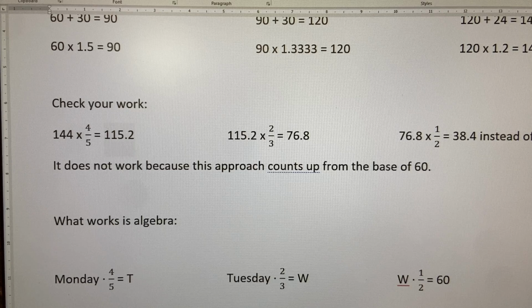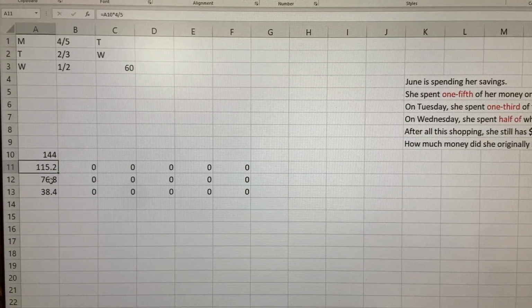And switching back to Excel, in this cell here, the formula is cell A11, so the previous cell, times 2 over 3, because 2/3 of this amount remains. And in the last one, the formula is half of this cell.